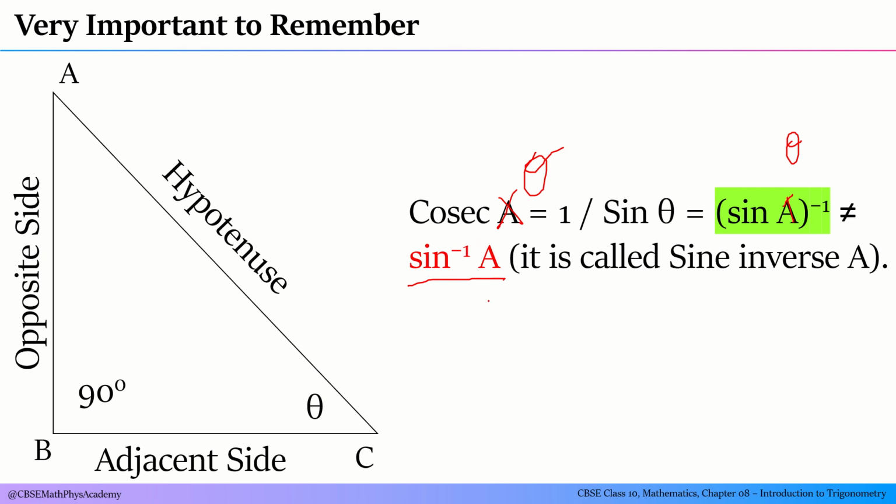I don't think you'll get any problem out of this, but it's always good to know such nuances. It is there in your textbook. This is called sine inverse theta, which is not the same as sine theta to the power of minus 1. Should you have to represent cosec as 1 by sine theta, which is equal to sine theta power minus 1, be very careful to write sine theta power minus 1 and not the other representation.